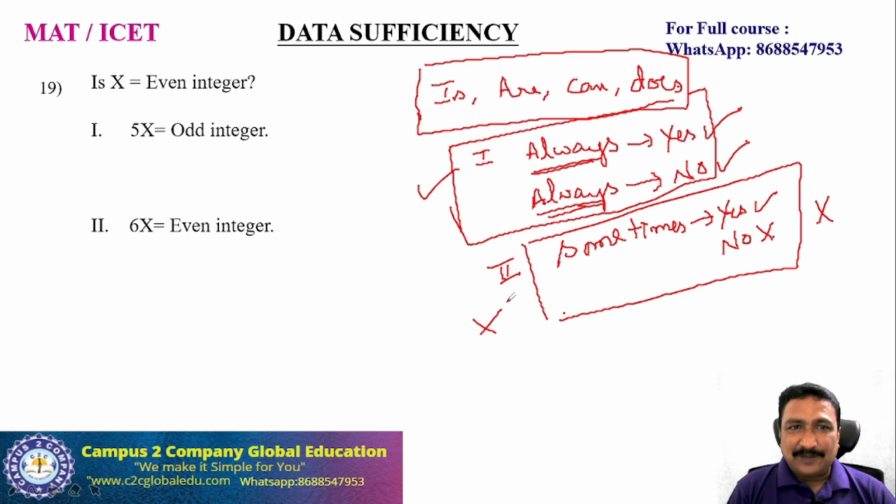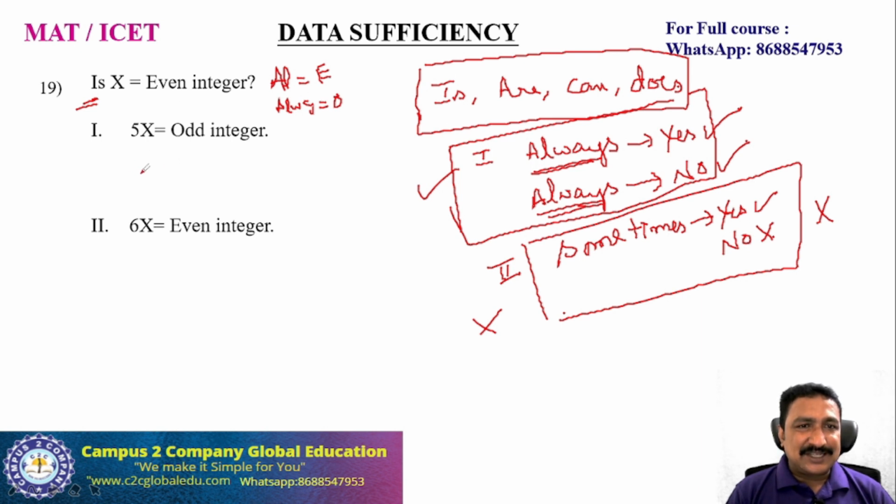Remember very clearly. Now come to the question. Is X an even integer? Either we should say X is always even or X is always odd. But we should not say sometimes even, sometimes odd. Then we cannot decide. Clear, students?